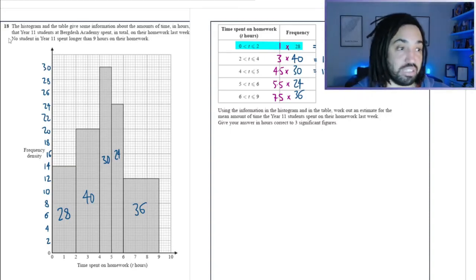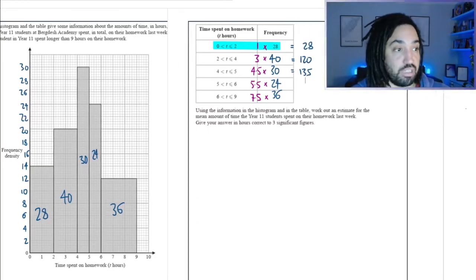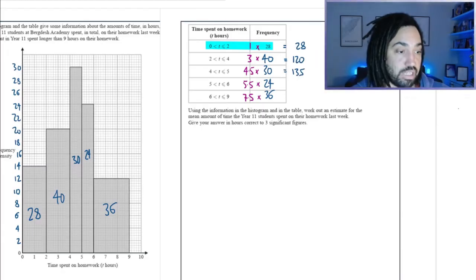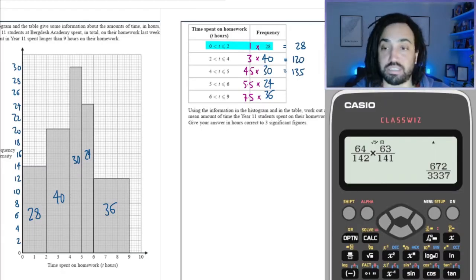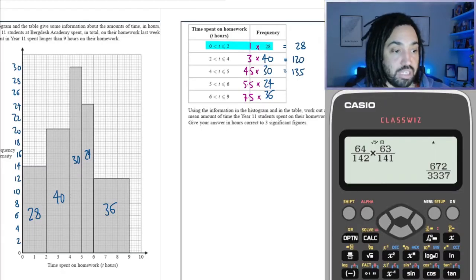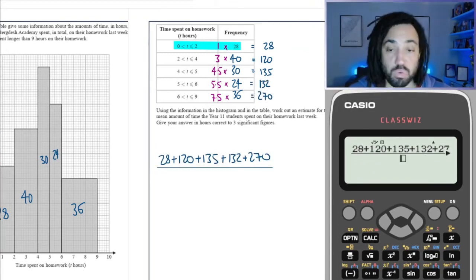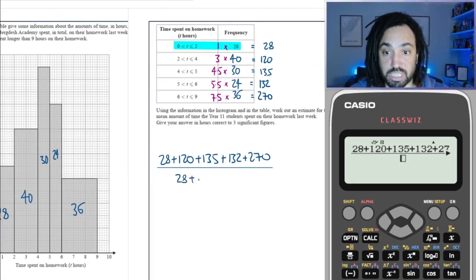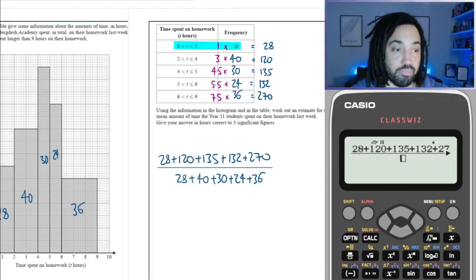I don't think I want to do all this in my head. Let's go to the calculator, shall we? Yes, let's do that. Okay, let's move over there, get the calculator out, and in order to find the mean, we have to do this calculation. So we add up all of the frequency times midpoints, and then we divide it by the sum of the frequency, which will be 28 plus 40 plus 30 plus 24 plus 36.